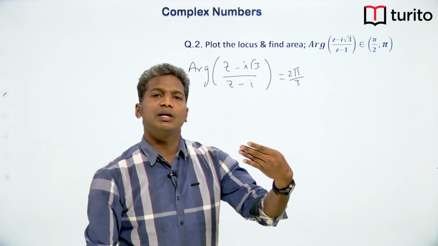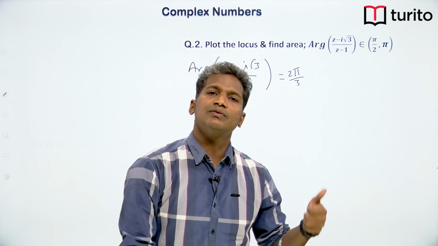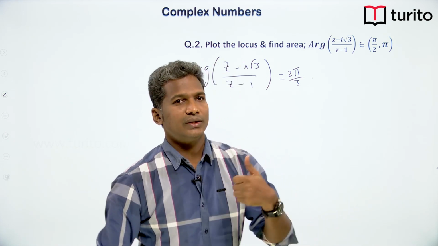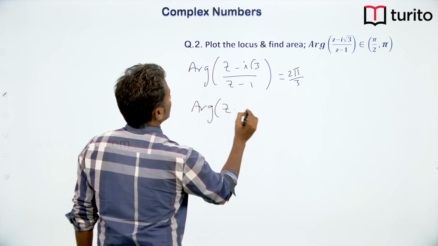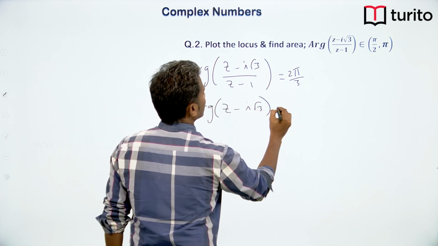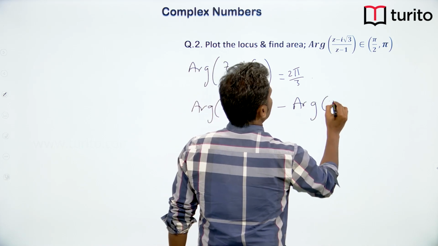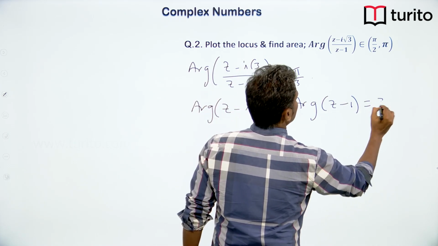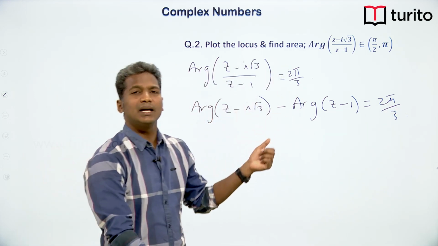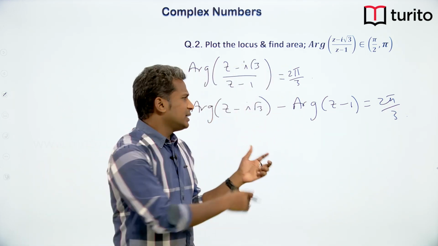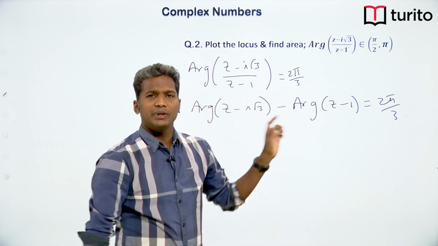So, argument of z1 by z2 is equal to argument of z1 minus argument of z2. This formula I have directly applied here, and then I can analyze what is going to happen there.